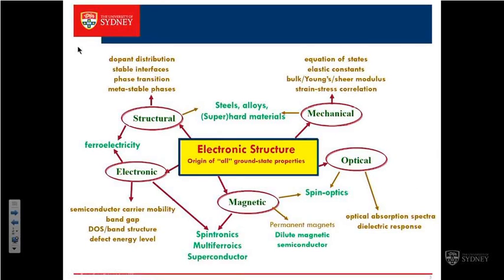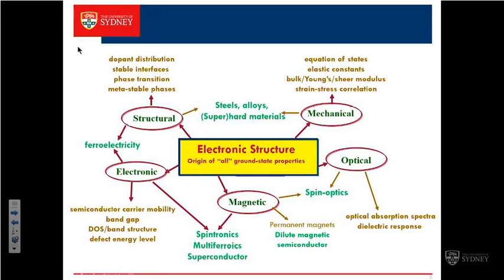In the course you have learned about electronic structure, the band structure and density of states of materials, a little bit about magnetism and phonons. The electronic structure of a material is really responsible for all of its properties, so it's a very, very important aspect.